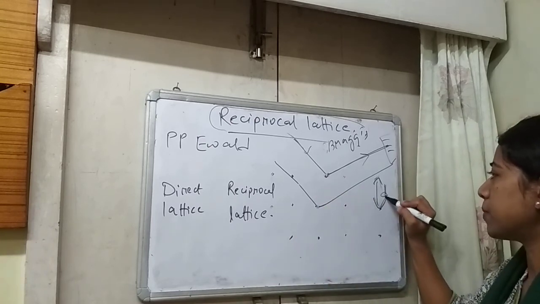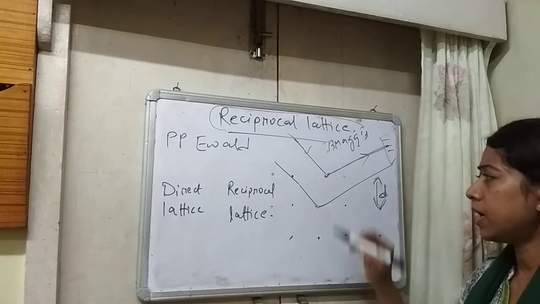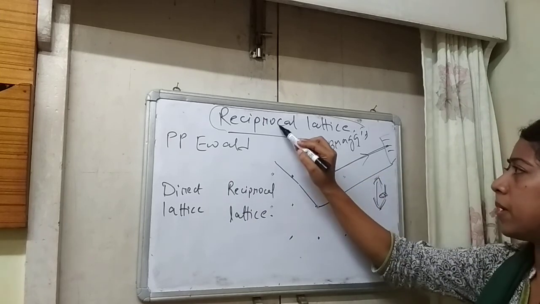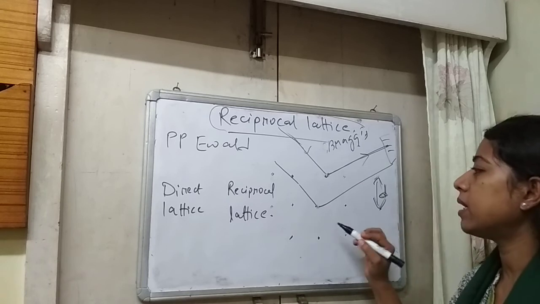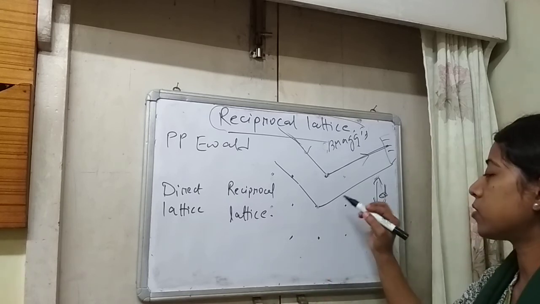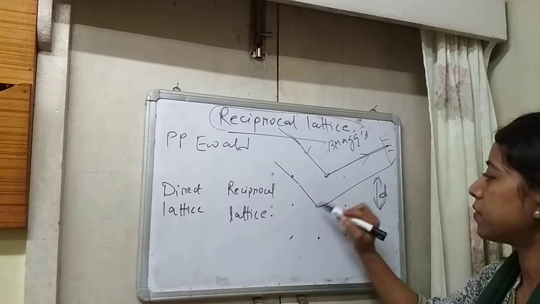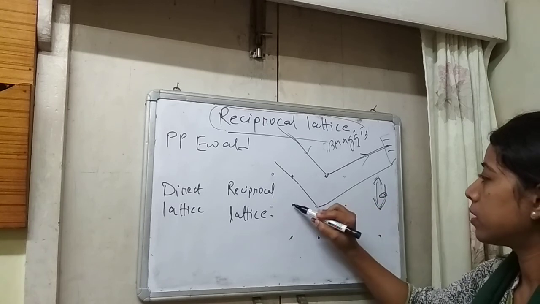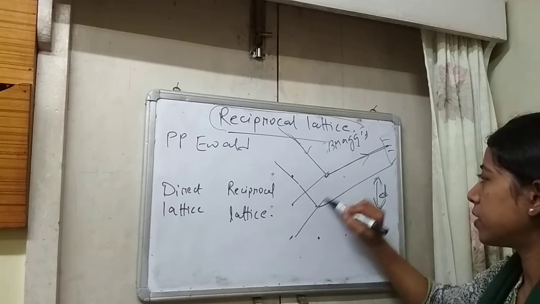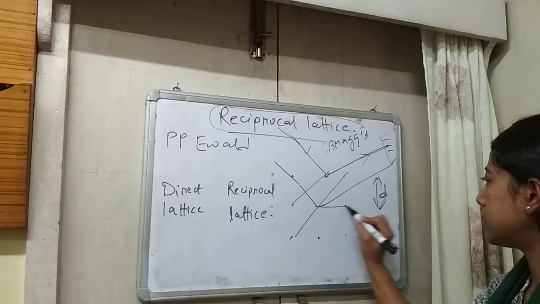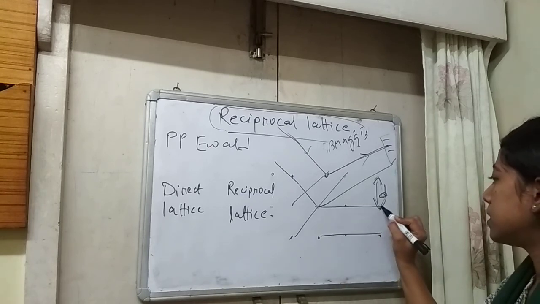But apart from these rays, there are many other parallel rays you can observe in the lattice, many other sets of lattice points. Like I draw here, this is one set, this is another set, and this is another set.